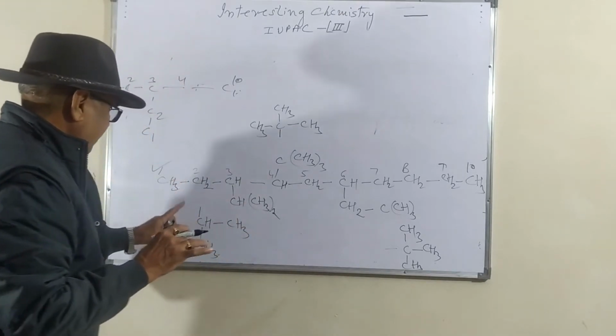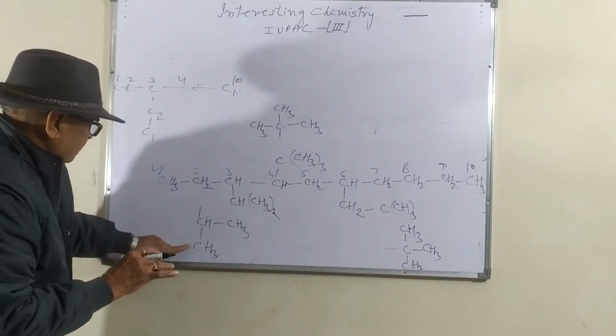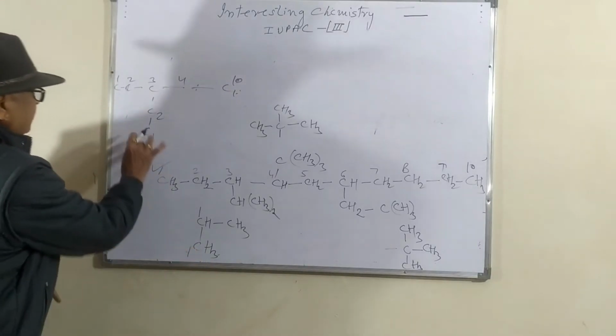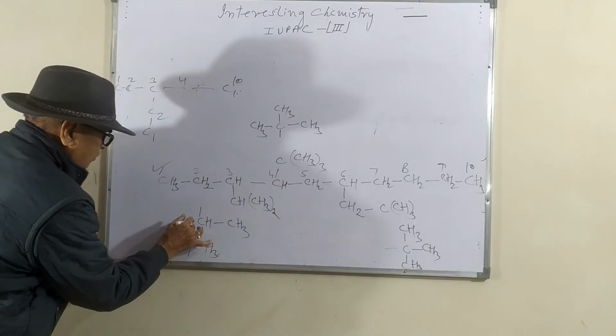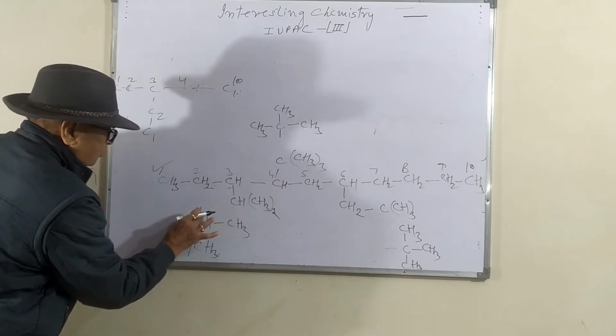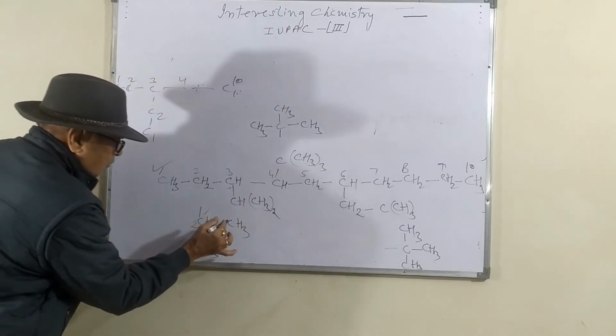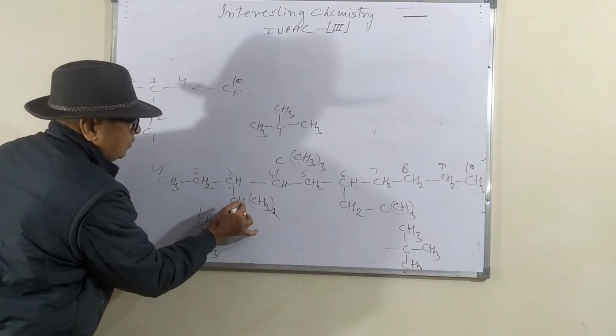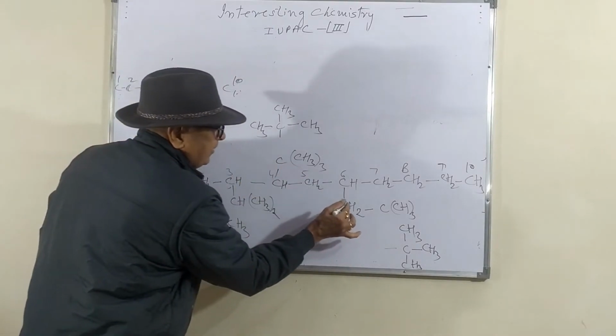And if you start from this carbon 1, this carbon, from this carbon 1, 2, and this is attached here like this. So 2, 3. So you will find one more substituent group, 2, 3 and 4.